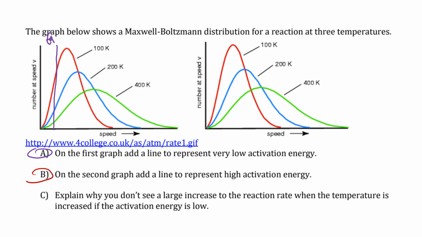For letter B, a high activation energy, that means the particles need to be moving faster for it to do that. Explain why you don't see a large increase to the reaction rate when the temperature is increased if the activation energy is low.